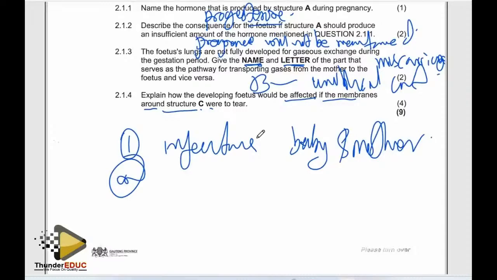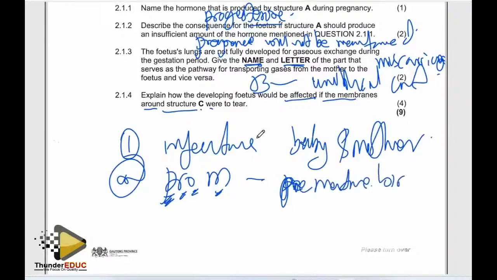It leads to premature birth. You're going to produce a premature baby depending on the age.